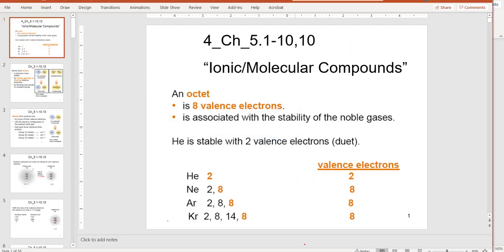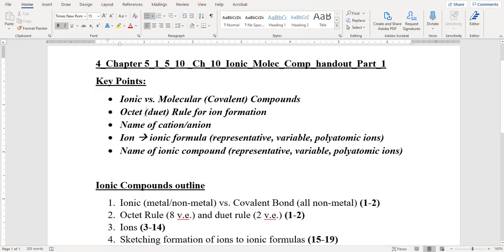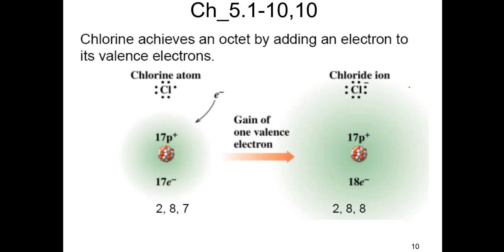The next core topic I want to get into is called the octet duet rule for ion formation. So on slide 10, let's go ahead and look at chlorine as an example to explain the octet rule and ion formation.